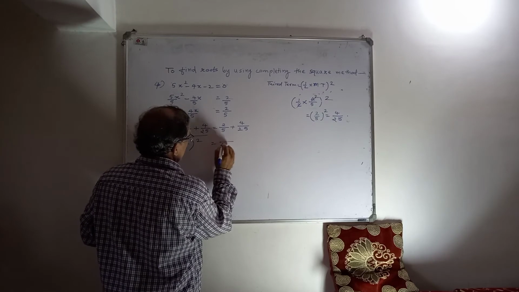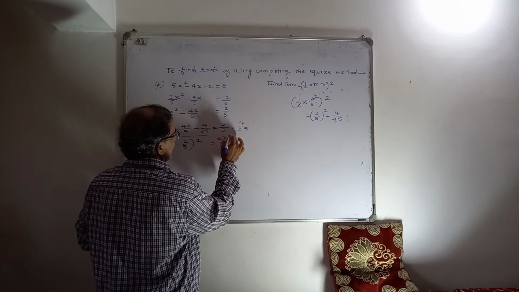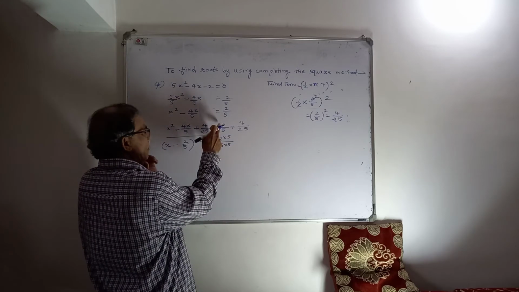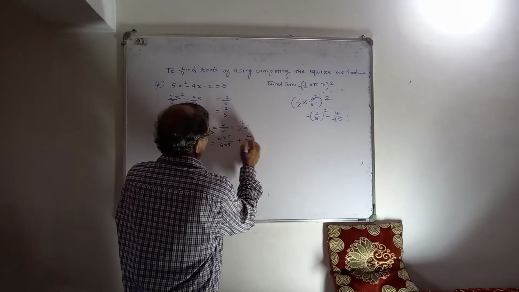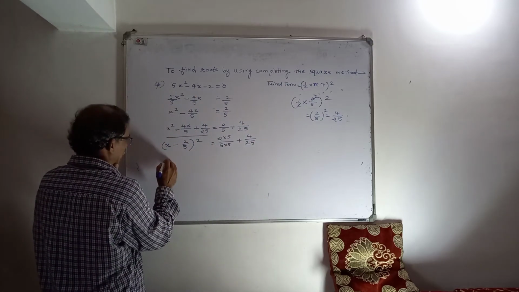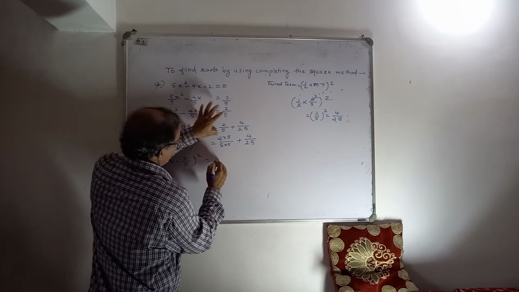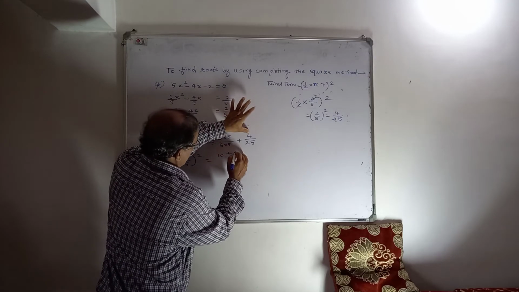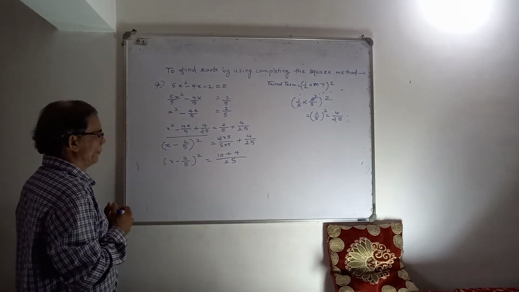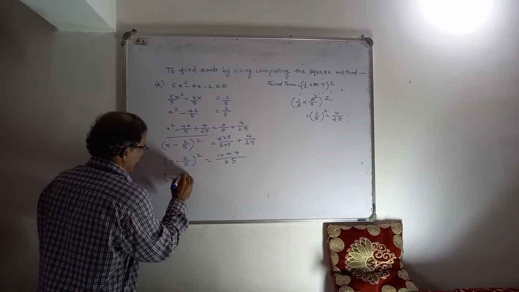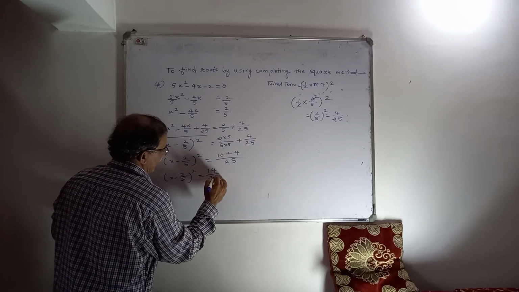So if you multiply this 5 by 5, the denominator will be same. So numerator should be also multiplied by 5 plus 4 upon 25. So x minus 2 upon 5 whole square should be equal to 2 5 are 10 plus 4 whole upon 25. So x minus 2 upon 5 whole square is equal to 14 upon 25.